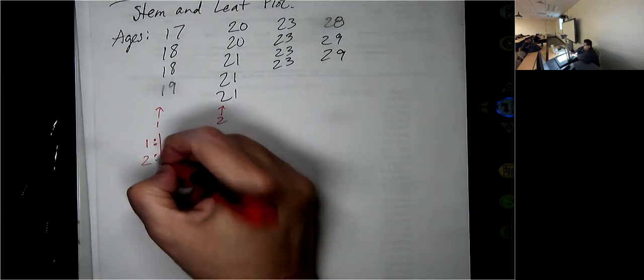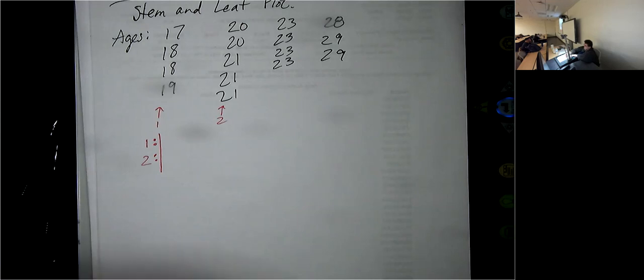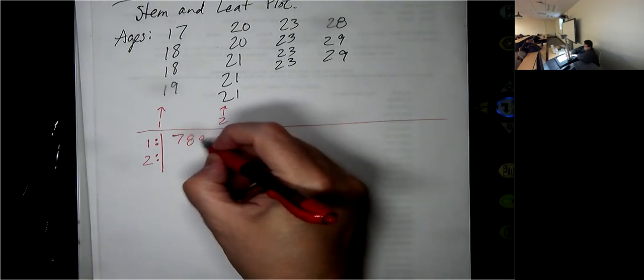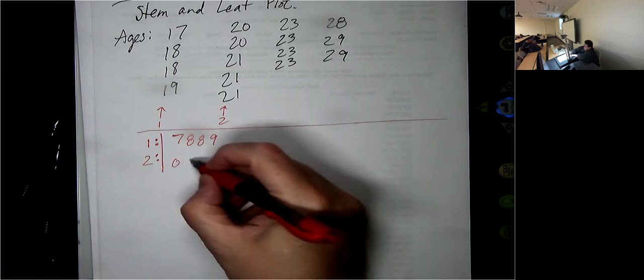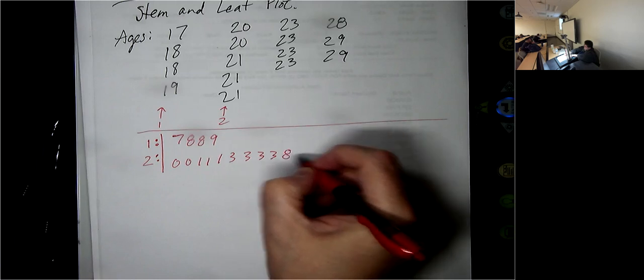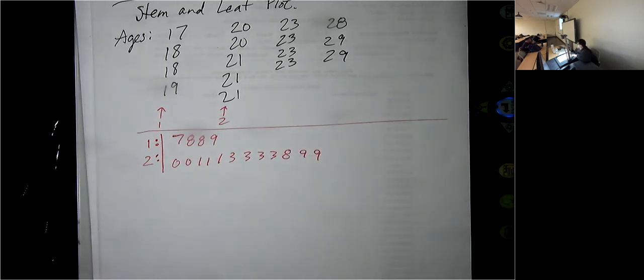Or they might use a colon instead of a vertical line. And then they're going to do this. This is a stem and leaf plot. Where did I get those extra numbers? It's the second digit, the last digit.